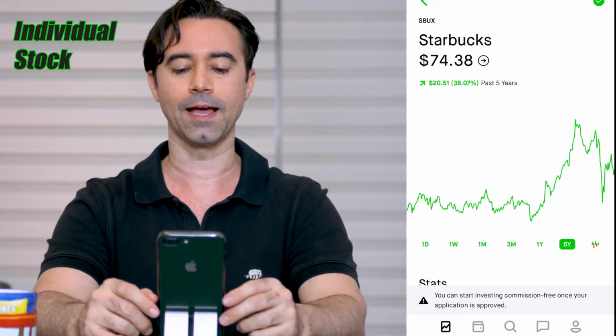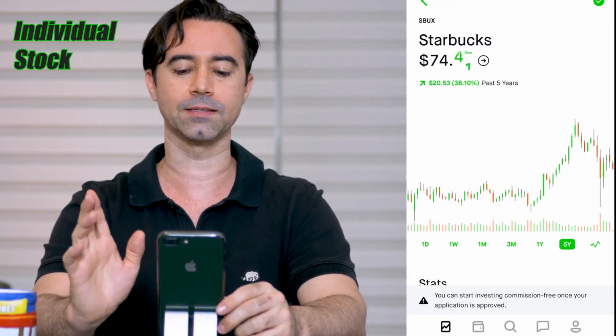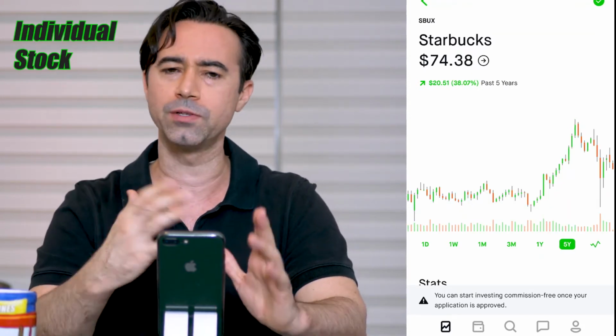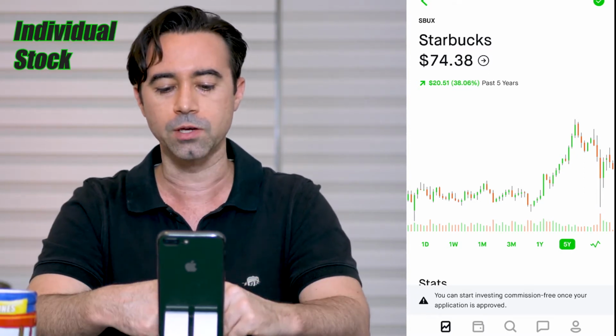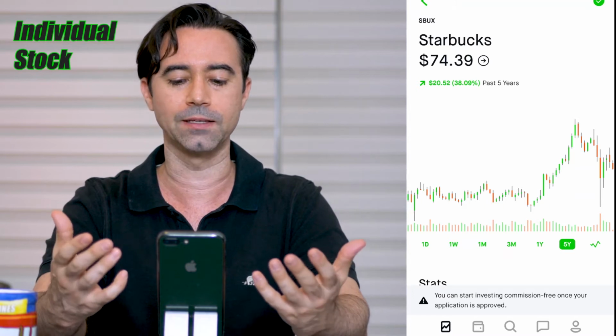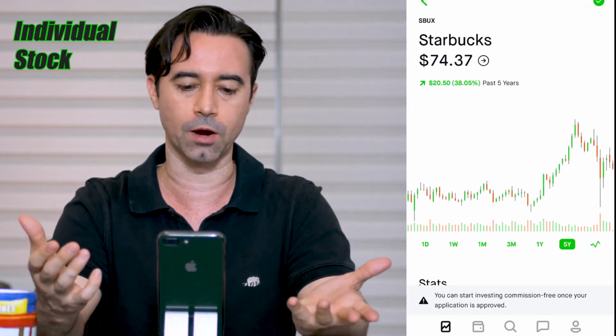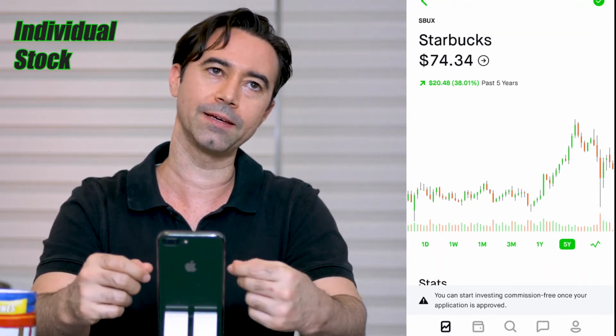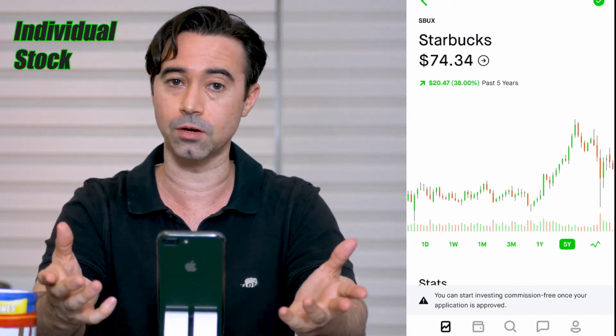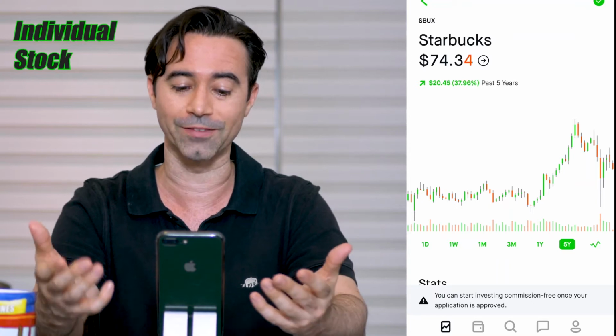Pretty nice. Now, this very last thing, this is something that you should know about, but you don't need to know about. And this is showing volume at the bottom. Volume is basically how many shares trade of Starbucks. And is volume important? Well, when you're a trader, it's very important. So traders would probably really want to know about the volume.